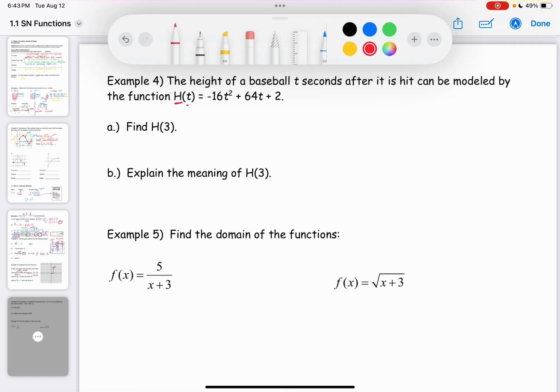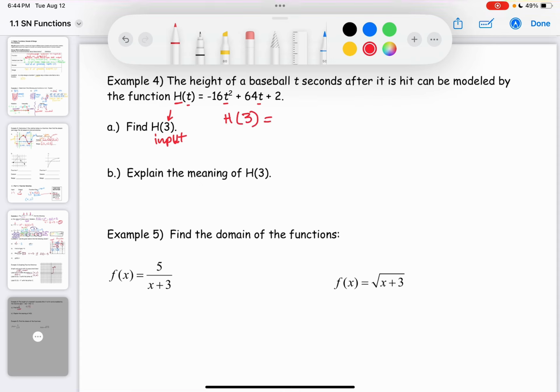The time, that's what all the t's are. So what it's asking us to do is find the height 3 seconds after this ball has been hit. So if this is our input, that means everywhere there's a t, we're going to replace it with a 3.